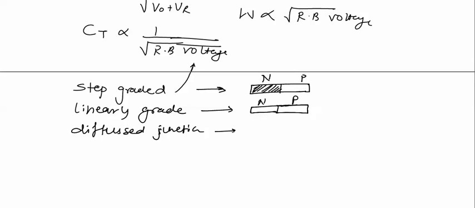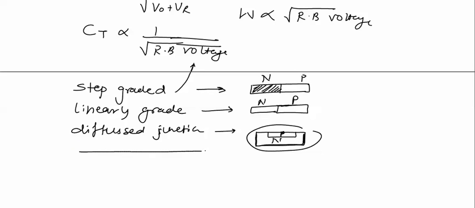A diffused junction is fabricated in the form of an IC. This is the N-type region, and this particular region will be doped with P-type impurity. This is a diffused PN junction.